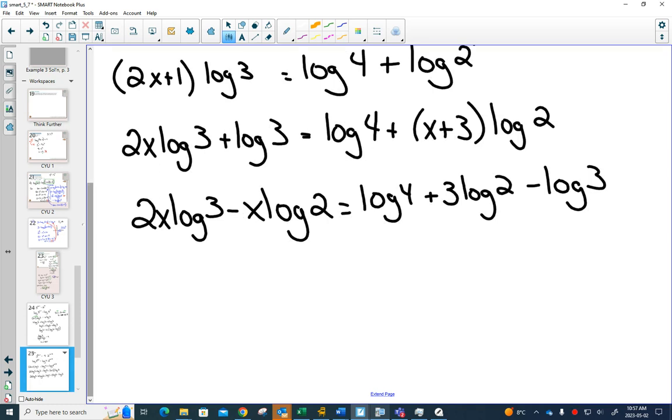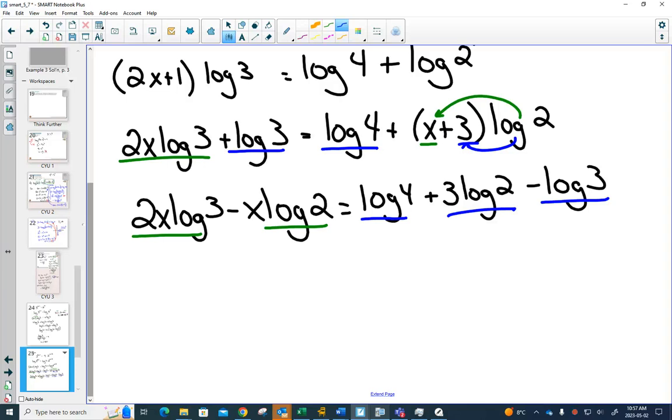So notice all of the terms that had x's, which would include this one and that one, I moved all of those to the left-hand side. And all of my terms that did not have x's, which was my log 4, my 3 log 2, and my minus log 3, I moved those all to the other side.